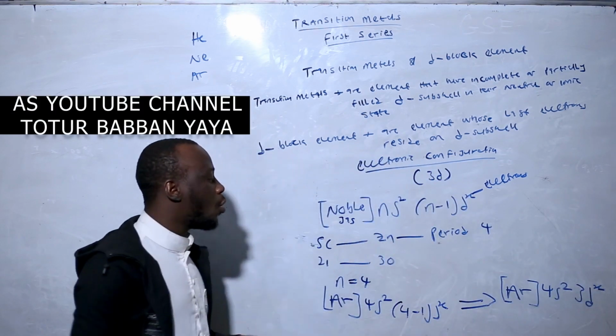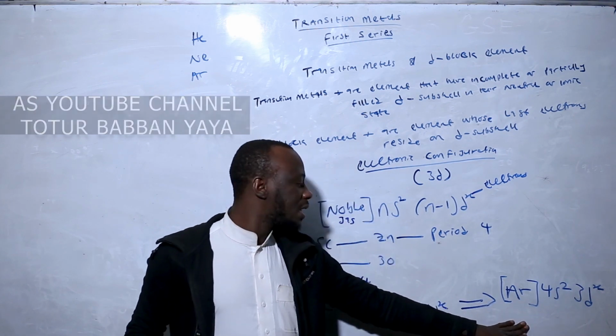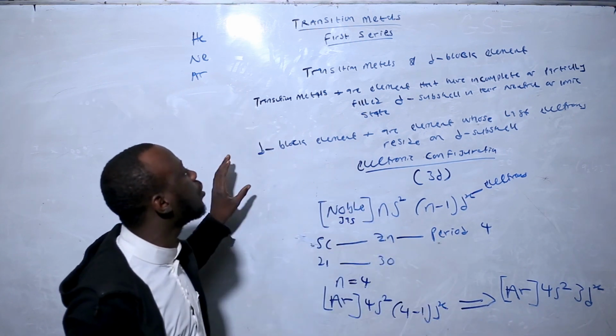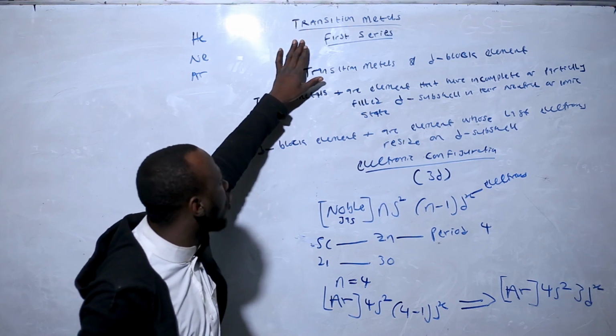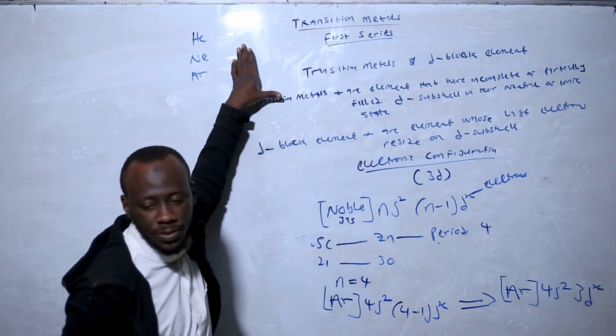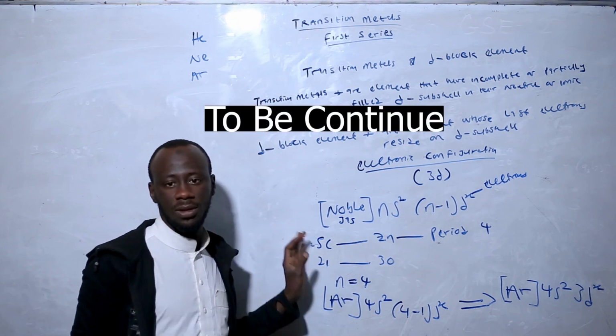So now we are going to use this electronic configuration to derive all the configurations of the first series of transition metals, that is from scandium to zinc.